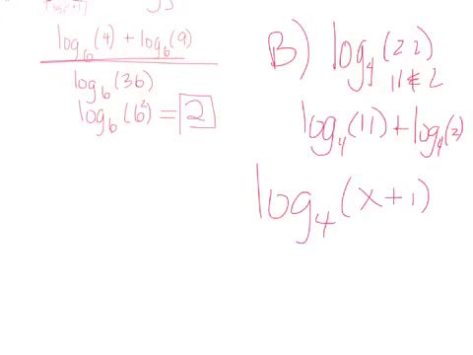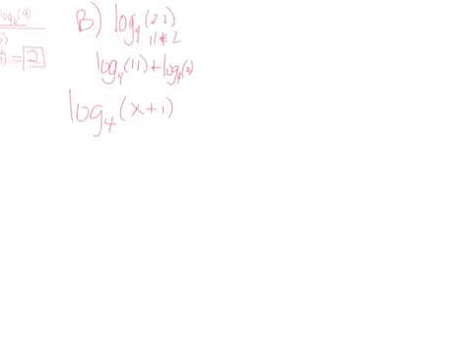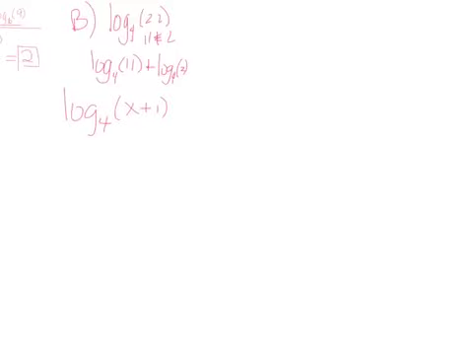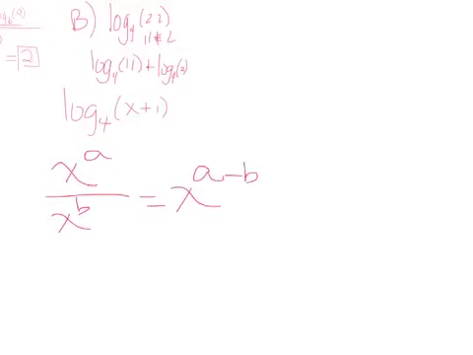All right. Let's go to our next rule. Our next rule seems to be the quotient rule. And the quotient property stems from the idea in exponents, x to the a power divided by x to the b power would equal x to the power of a minus b.